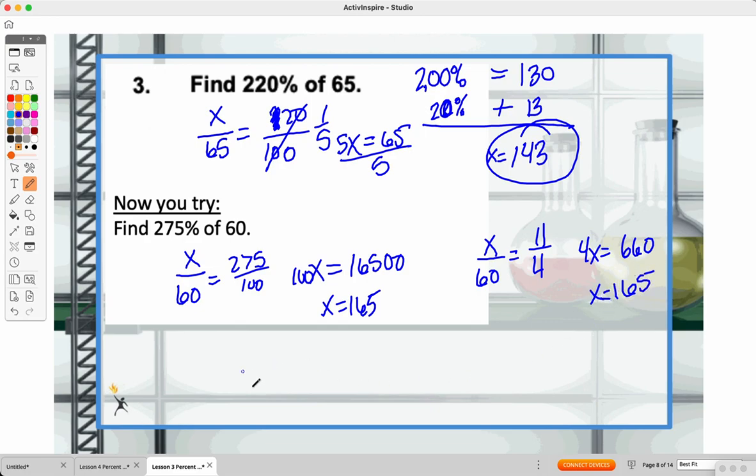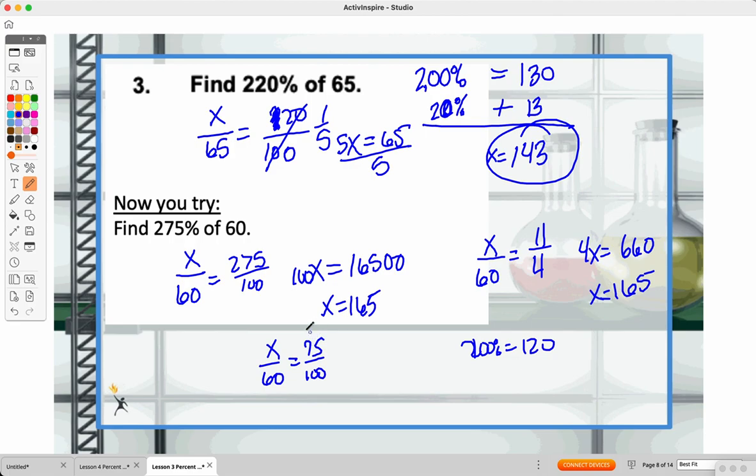Or you could break it out even further and go, okay, x over 60, I know 200% of 60 is 120, so 200% equals 120, and then 75 over 100. And then from here I could simplify that to 3/4.